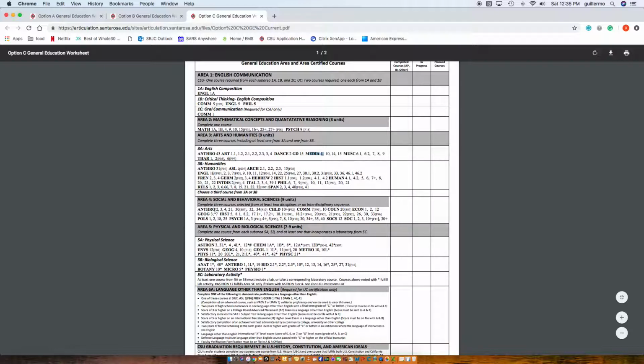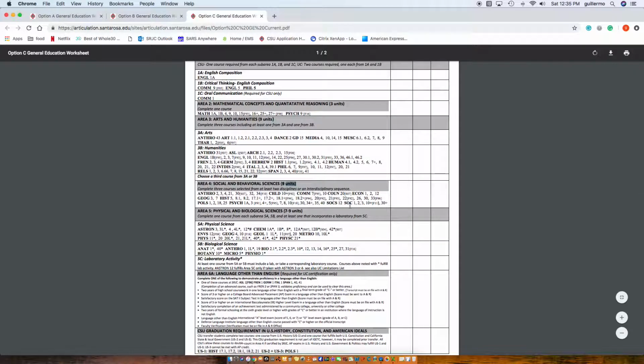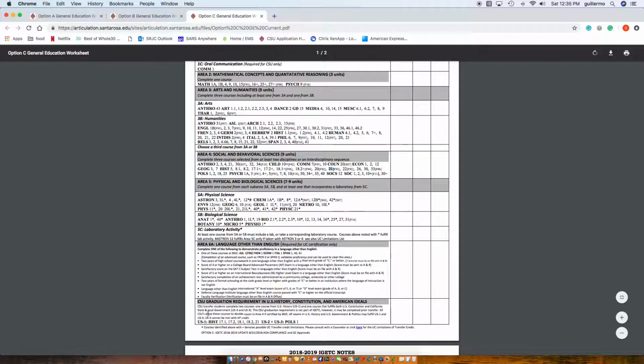For Area 4, the social and behavioral sciences, they want 3 classes. And in here, remember, we're going to take the Political Science 1. We're going to already take the History 21. And that fulfills your Cal State graduation requirements. So this requirement, you can complete it before you transfer or after you transfer.